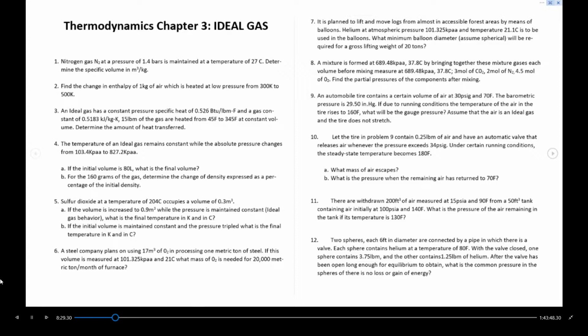Problem 2: Find the change in enthalpy of 1 kilogram of air which is heated at low pressure from 300 degrees Kelvin to 500 degrees Kelvin. We are solving now for the change in enthalpy of 1 kilogram of air heated at a pressure from 300 degree Kelvin to 500.